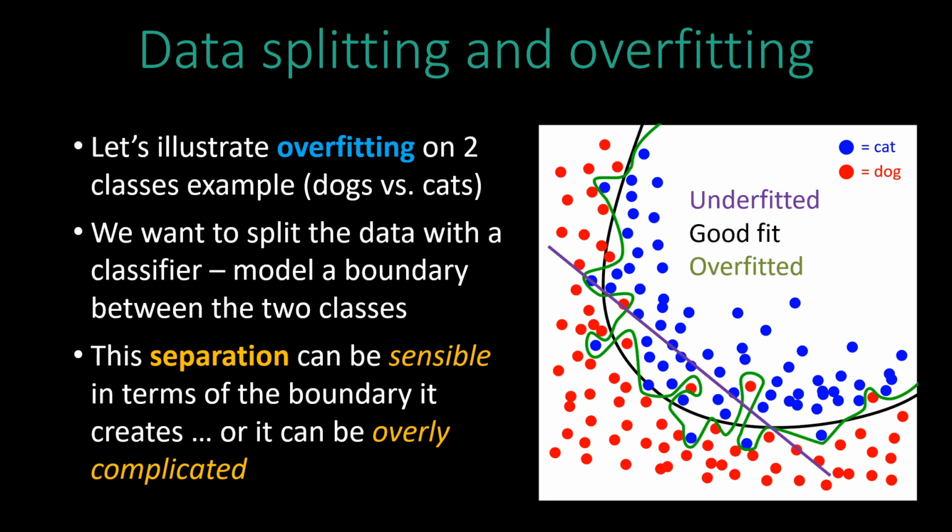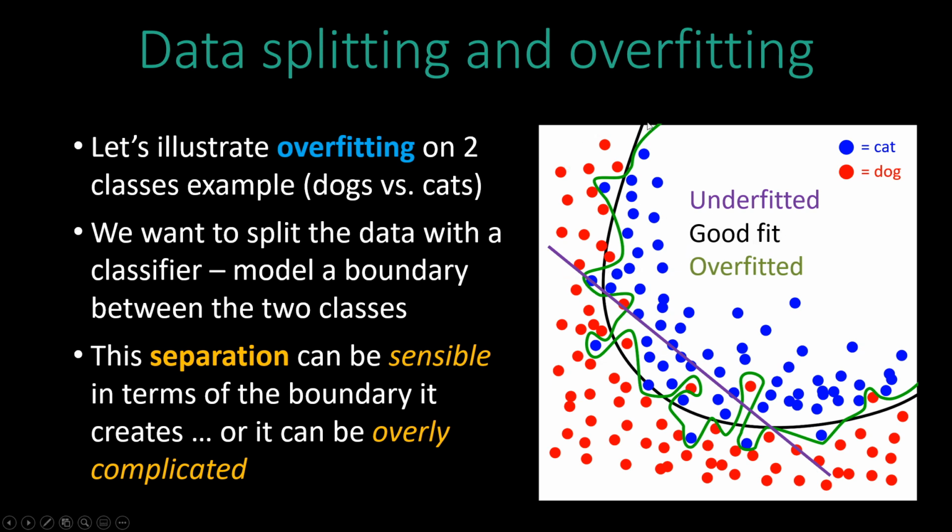The separation line, this boundary that we are creating, can be either sensible or overly complicated. In this visualization, we would consider this one to be more or less sensible. This one is underfitted, which is the term we use when the model is not trained yet, basically.